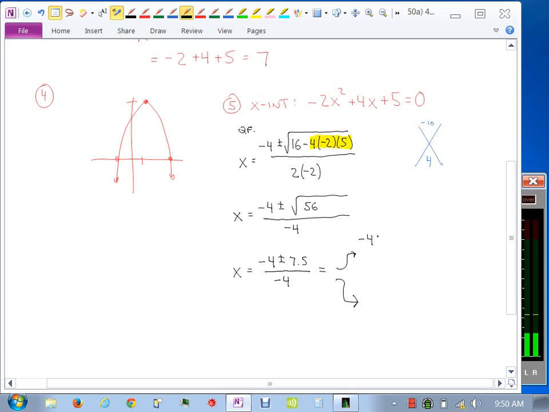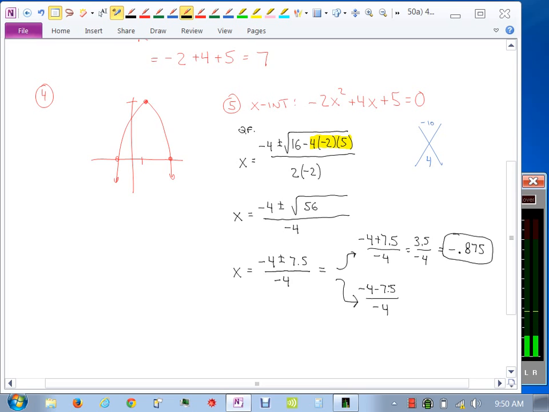So I'm doing -4 plus 7.5 and divide by -4, which is 3.5 divided by -4, which is -0.875. And then I do -4 minus 7.5 divided by -4.